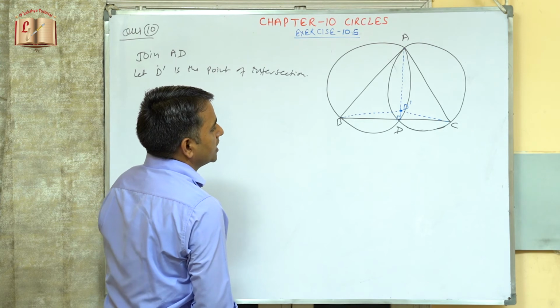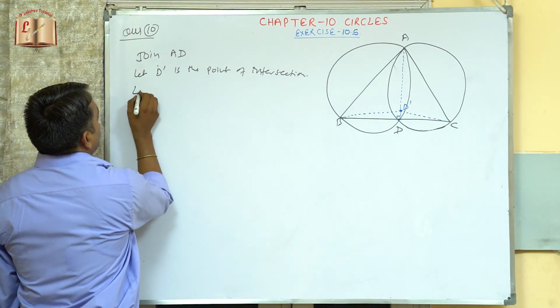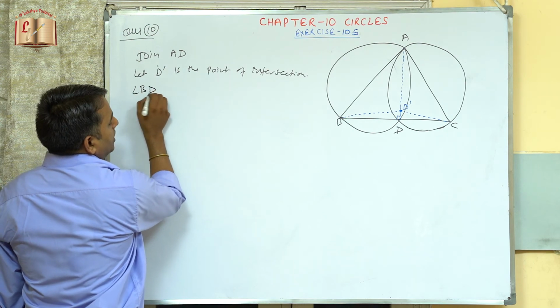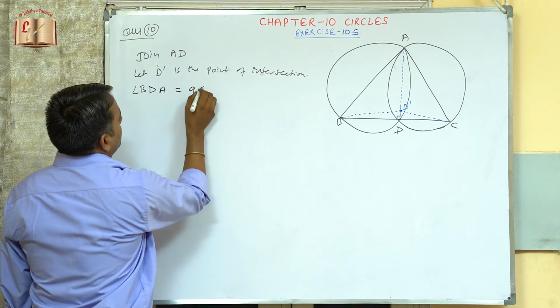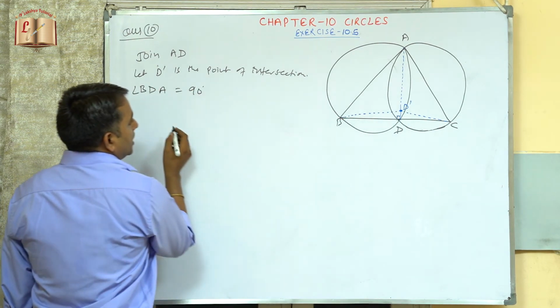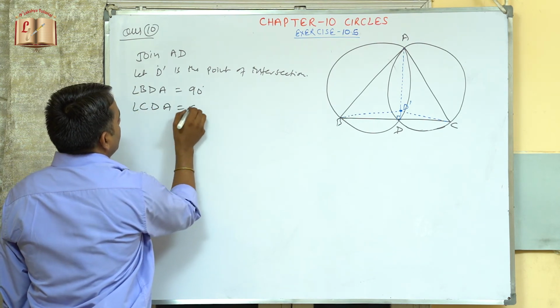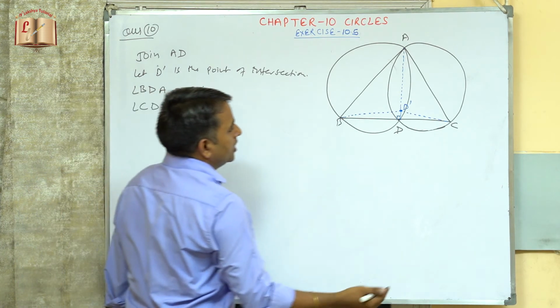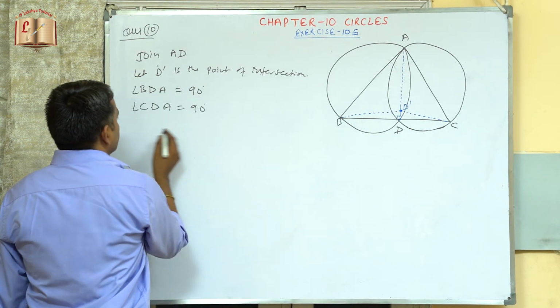Once they are intersecting at point D, we can say that angle BDA will be equal to 90 degrees, and similarly angle CDA will be equal to 90 degrees, because these chords are perpendicular.